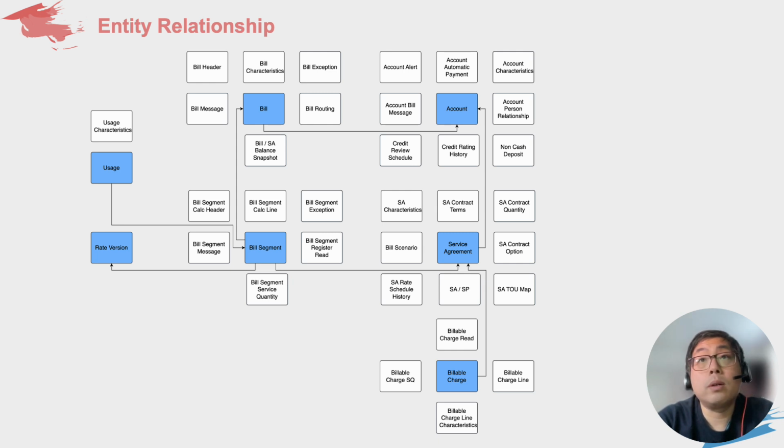It will take the information from the billable segments, including service quantity, calculation lines, meter reads, the read details, and characteristics, taking them into the bill segment, and the calculation will be applied there based on the rate on the service agreement. And that's how the billable charge is calculated.